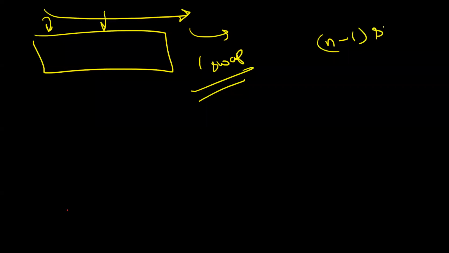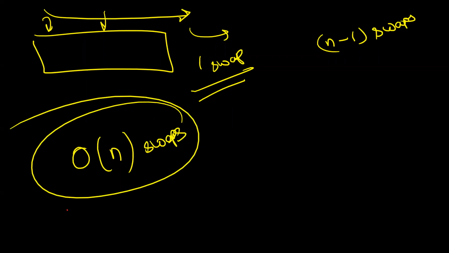In insertion sort also, we had n square swaps in the worst case. But in selection sort, what are we doing? You select an index, you iterate through the entire array, and then you do just one swap. So in every pass, you are doing one swap. So n minus 1 passes, so you do n minus 1 swaps. So in selection sort, you have minimized the number of swaps. Do you all agree? Yes?